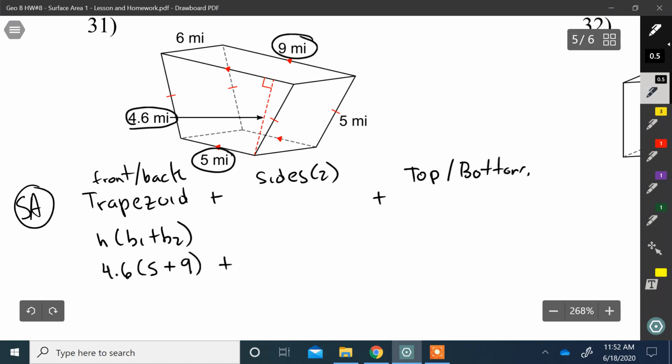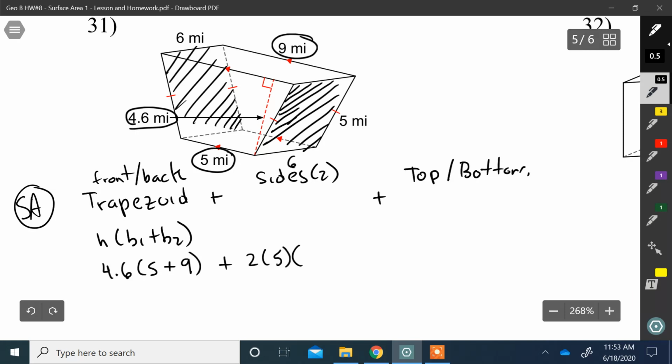Now let's talk about the sides. The sides are these ones here. They're the same, so it's 2 times 5 times 6. Remember, 6 times 5 right there. And now let's do the top and the bottom.